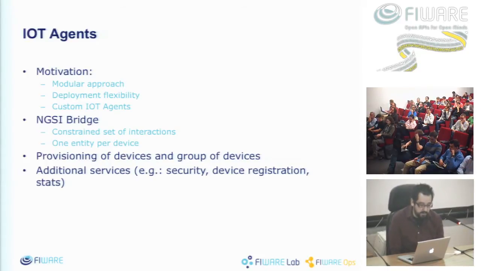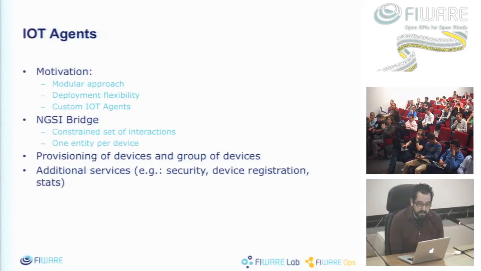The IoT agents, apart from translating from the native device protocols to NGSI protocol, provide some additional services. Well, before the additional services, the provisioning of devices. The IoT agents provide a provisioning API for the devices in order for the device owner to register the devices in the IoT agents.